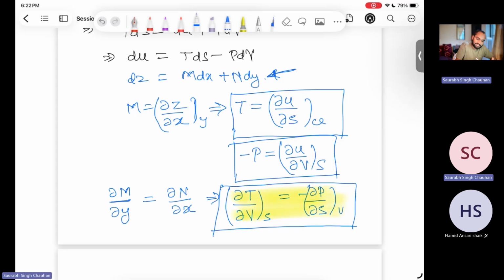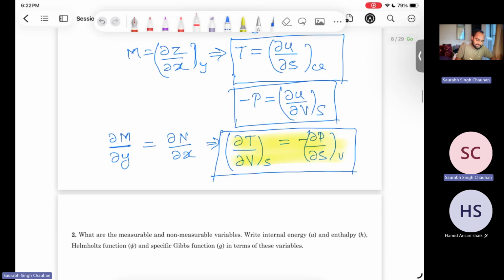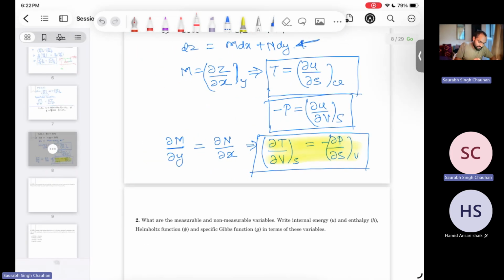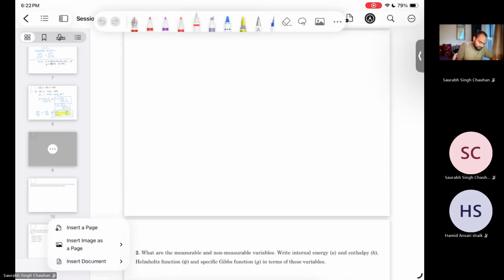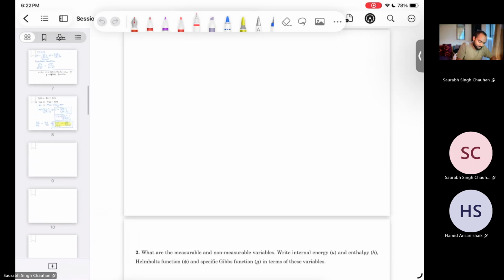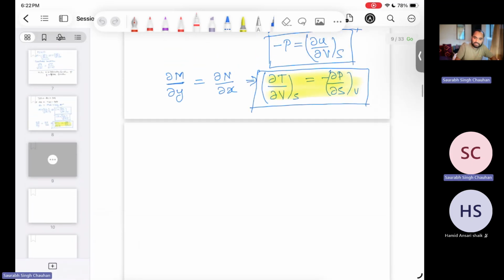Similarly, you can apply exactness condition on other equations. I will not do the whole derivation. I will just write the final equations. For example, another equation we have, H equal to TdS plus VdP.